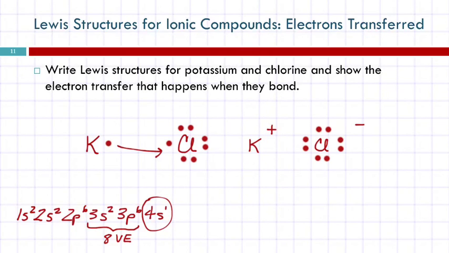And this has a negative charge. That negative sign can get kind of lost in all the dots. And so by convention, we generally put brackets around the Lewis symbol and put the charge on the outside. I didn't put any brackets here because there aren't any dots, and so it's not so confusing.